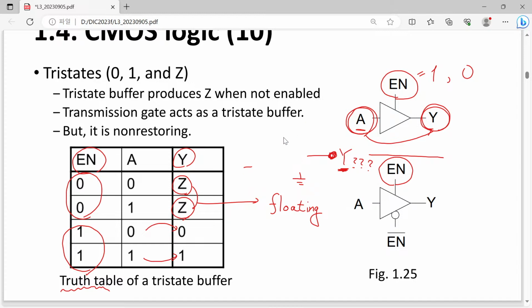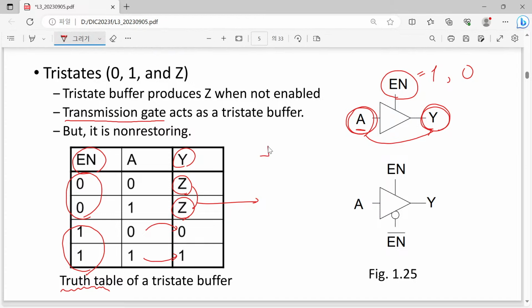So you can see that the previous circuit is called a transmission gate, the one having an N MOSFET and a P MOSFET. Be careful: here we have a bubble for the P MOSFET, with enable bar and enable.